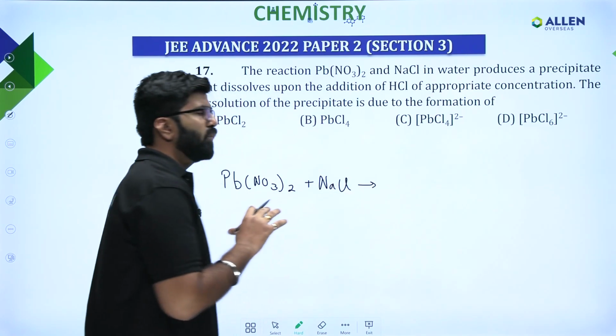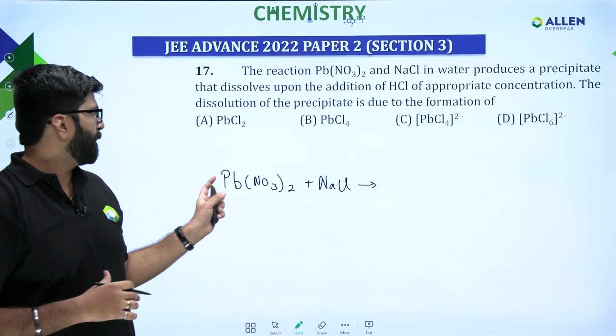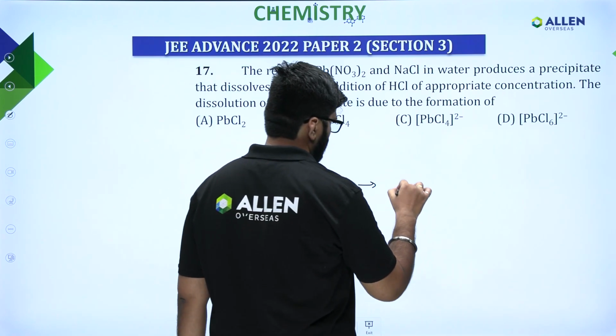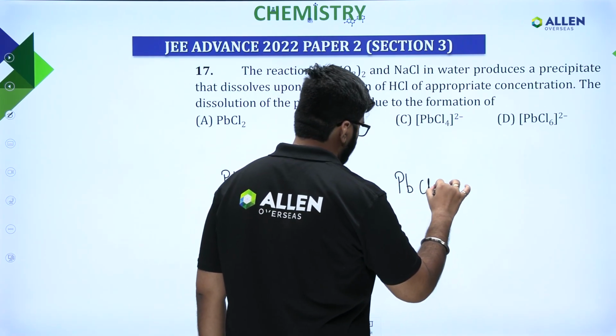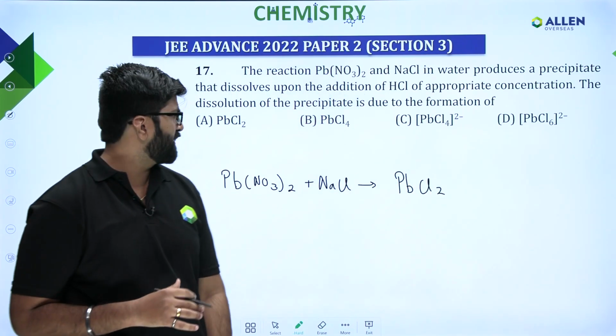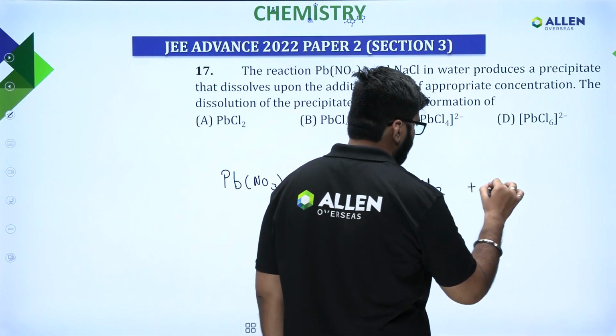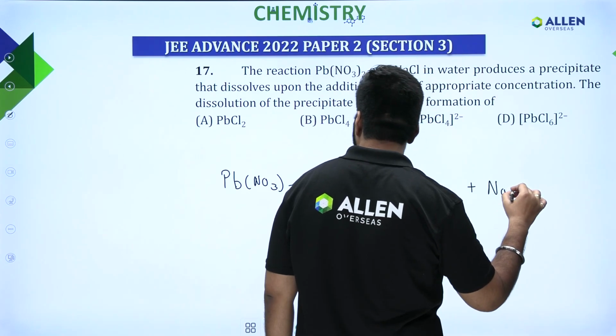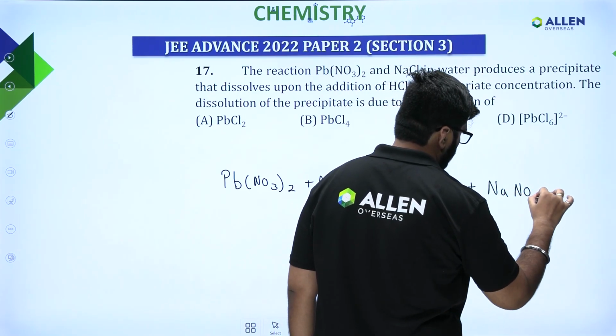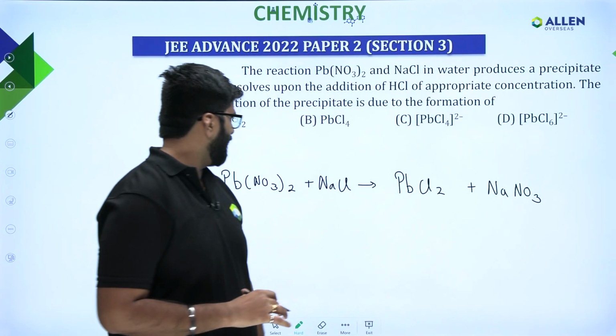What's the product which will be forming over here? So your Pb and Cl, so PbCl2 plus sodium and NO3. So the product which will be formed will be NaNO3.